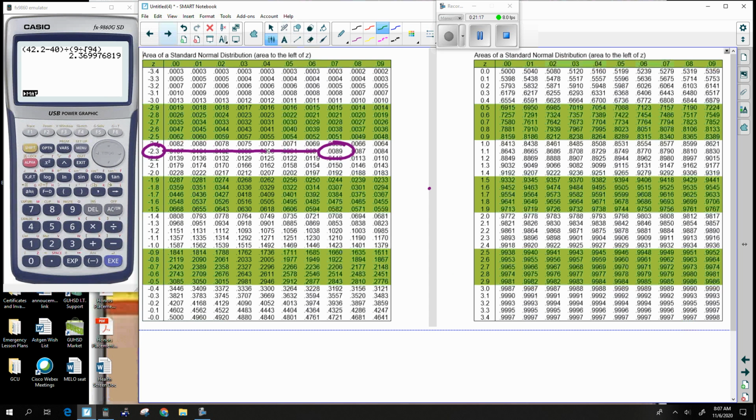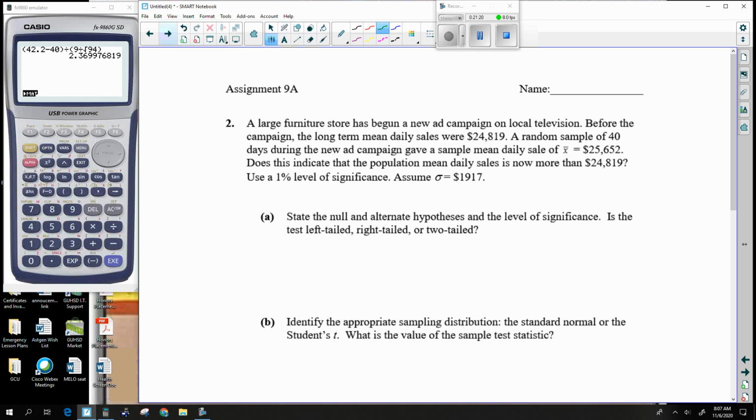Okay. So let's put it together a little bit more. It says long-term mean daily sales were 24,819. That's the history. A sample of 40 days, our sample size is 40, during a new ad campaign gave a sample mean of 25,652.